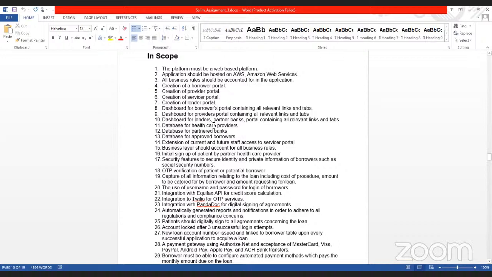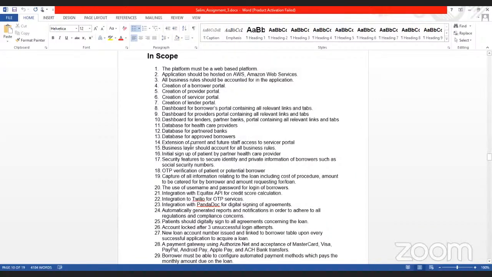There should be databases for the healthcare providers, the partnered banks, and the approved borrowers, because if you're not approved, you don't necessarily need to be on our database because we are not working with you. So the approved borrowers should be on the database.